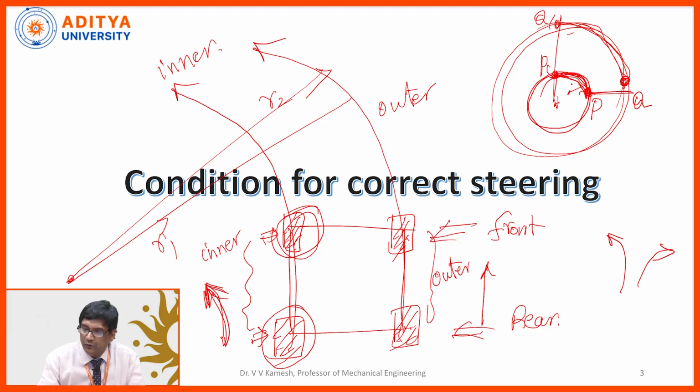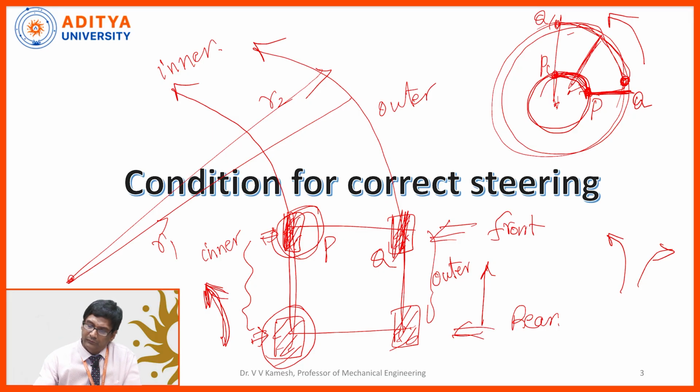So, this PQ, but you remember P and Q are attached. What is that attachment? The inner wheel and outer wheel of the front side. This is P and this is Q. So, P has to move to P1 and Q has to move to Q1. I am saying this for only a small turn. If this is a very small turn, no problem at all.